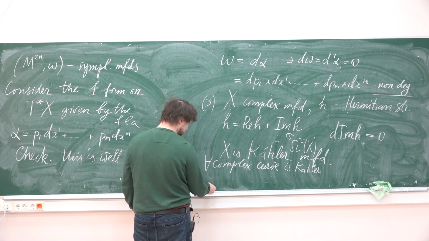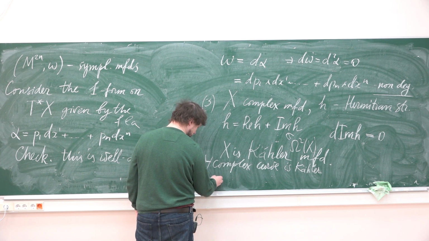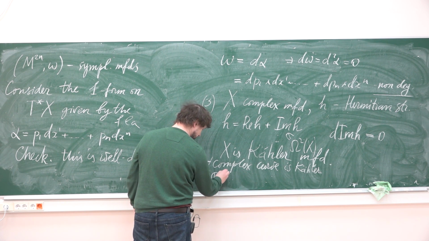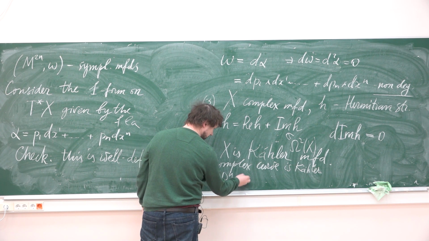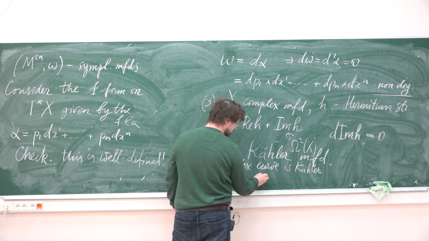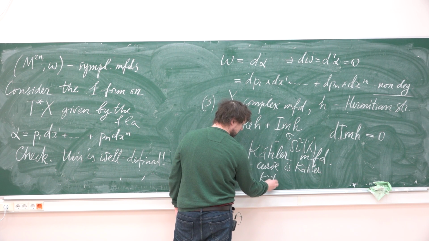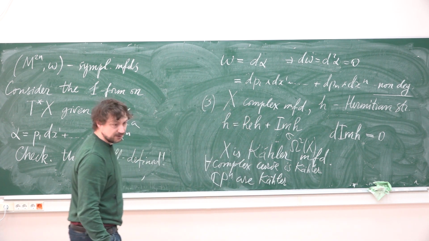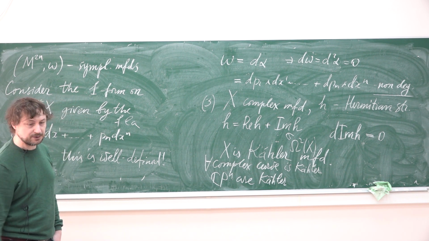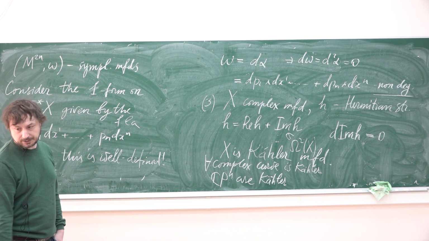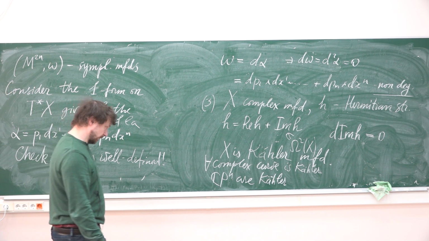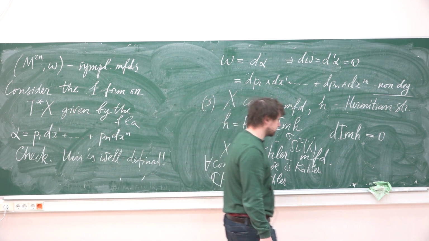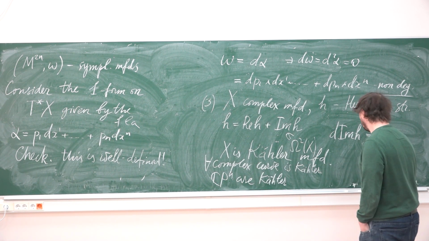But then there also exist other examples, like complex projective spaces, which are Kähler. Then you need to introduce the Hermitian form which is called the Fubini-Study form. What is good about this?